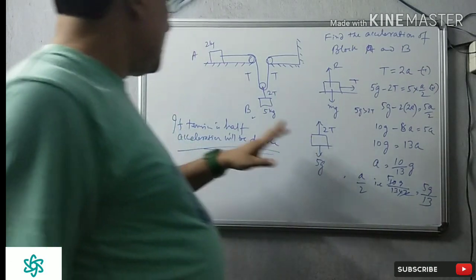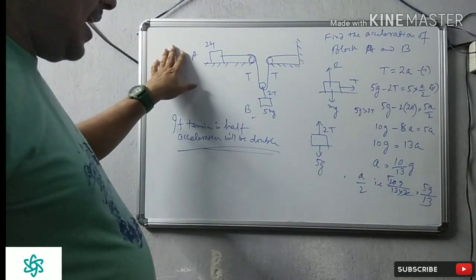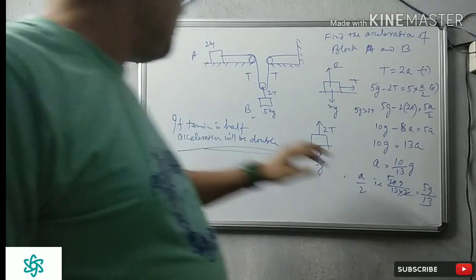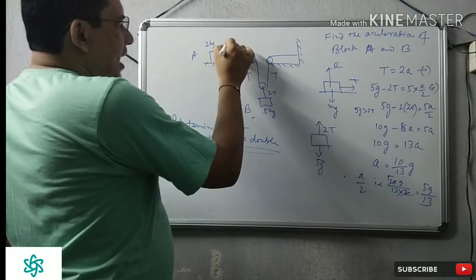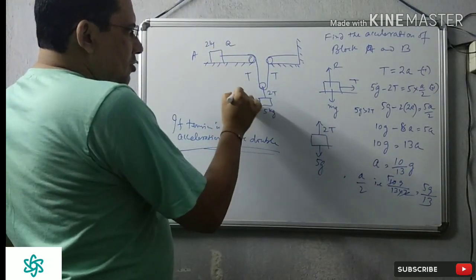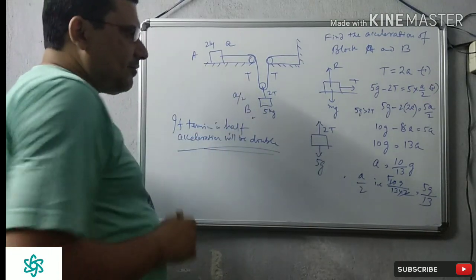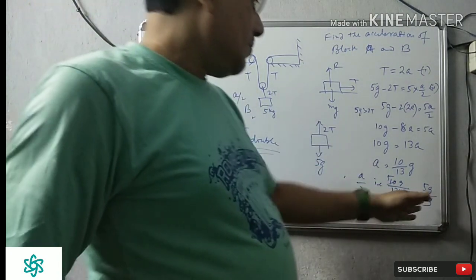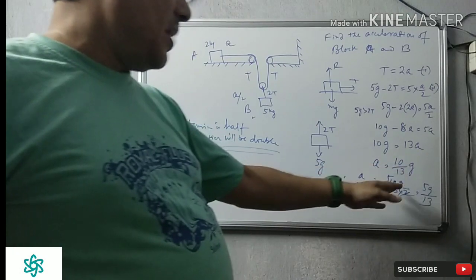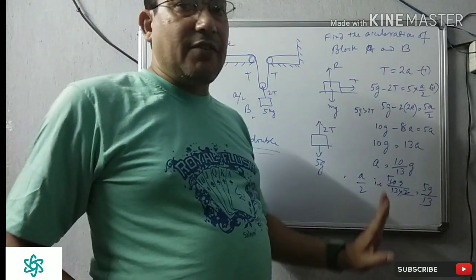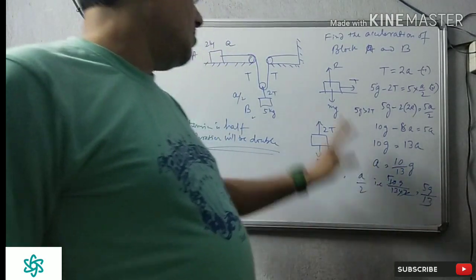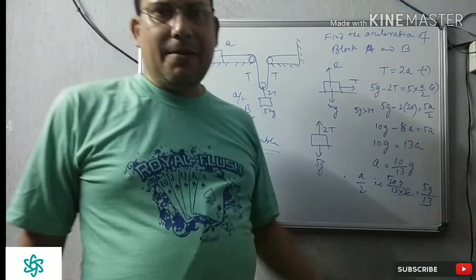Here you see the block A acceleration is 10g by 13 because we took the acceleration of this block as a, and this one is a by 2 according to this concept. So a by 2, that means 10g by 13 by 2, that means 5g by 13 is the acceleration of block B. Okay, that's all.